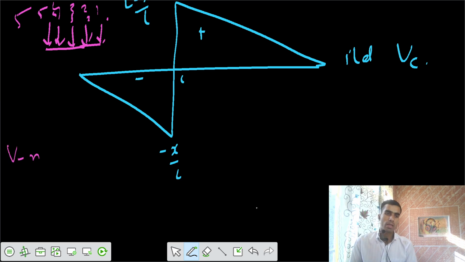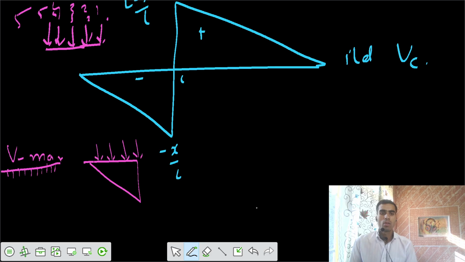For V negative maximum, there are different possibilities for the different loads. That means we have to ensure that one of the loads is on this. If I have this negative, one of the loads should be at this point, one here, and one here.